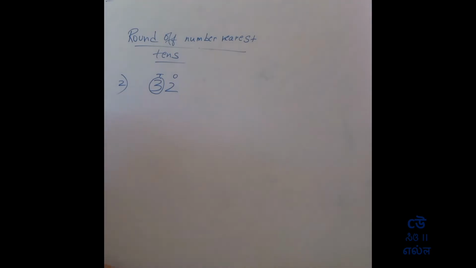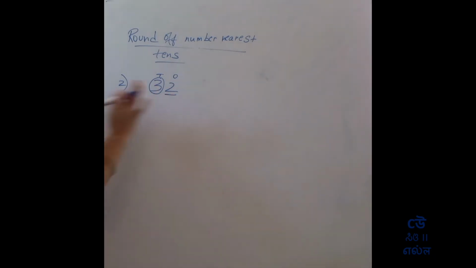Next, consider the ones place value number, right side to the circled number. The right side to the tens place value we have ones place value, that is 2.